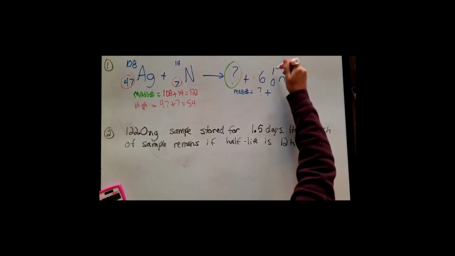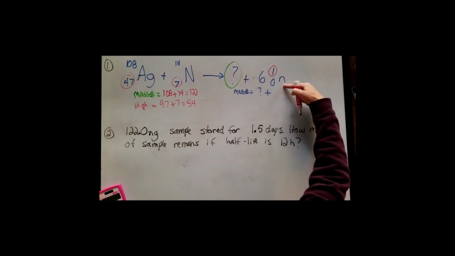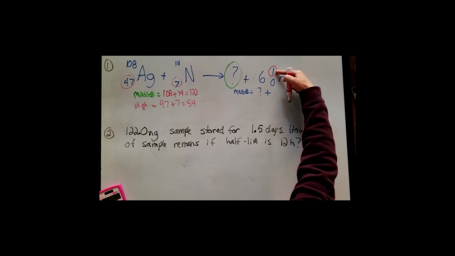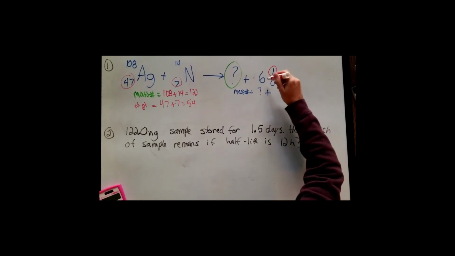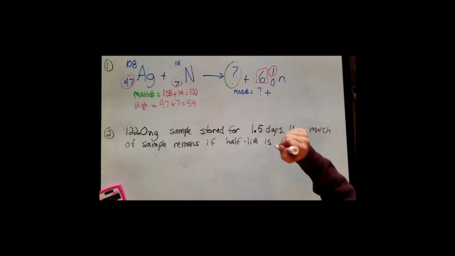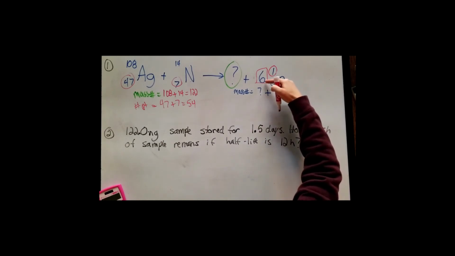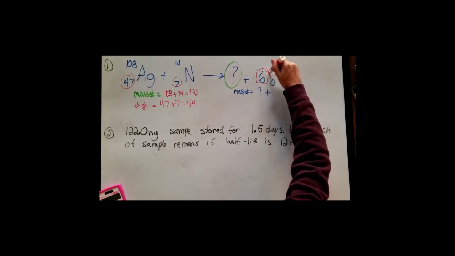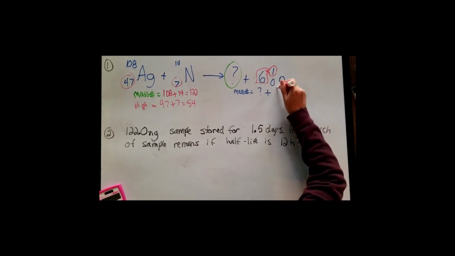Notice there's a mass of 1 with this particular particle. That's what that top number is, the mass number. But there's a coefficient of 6 in front of it. So that means there are 6 of these. So 6 times 1 tells me a total mass of 6 from this particle.